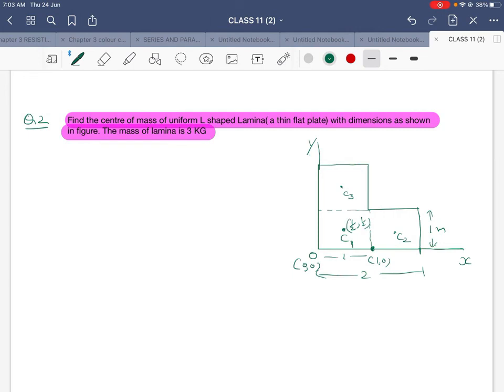Then C2 has coordinates from the origin to this point, that is 1 plus 1 by 2, that is 3 by 2 along the x-axis, and along the y-axis it is 1 by 2. Then C3: its y coordinate is up to this, that is 3 by 2, and its x coordinate is up to this, that is 1 by 2. So 1 by 2, 3 by 2.